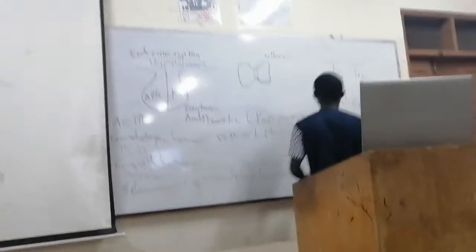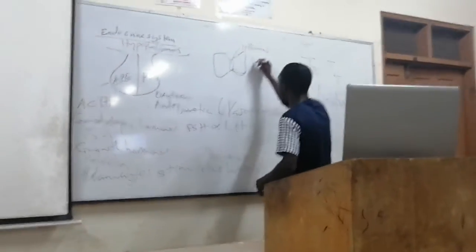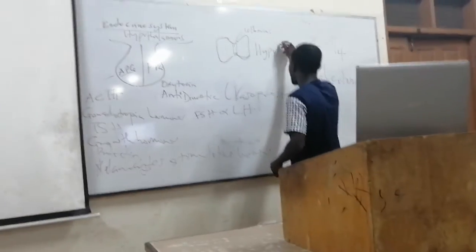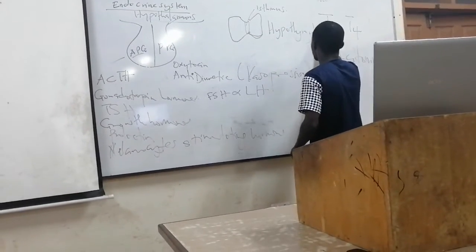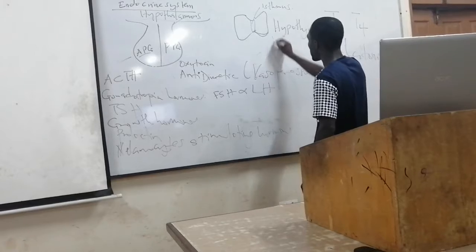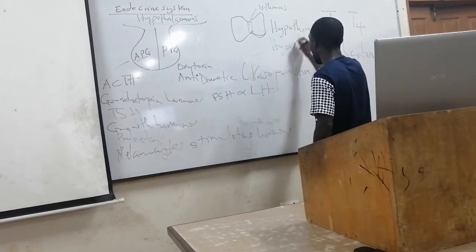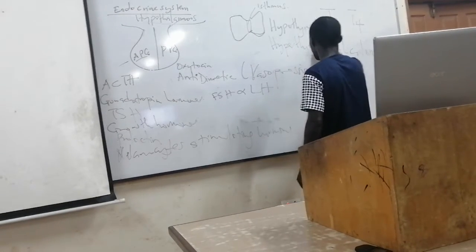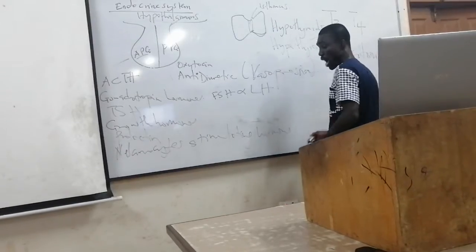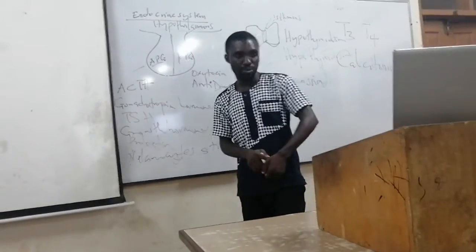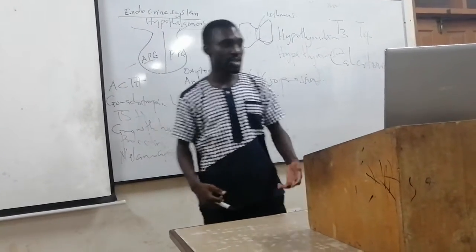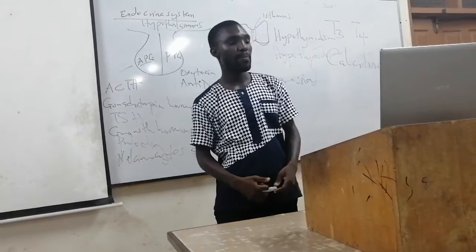Underproduction of the thyroid hormones is termed hypothyroidism, whilst overproduction is known as hyperthyroidism. Right? So underproduction is hypothyroidism, whilst overproduction is hyperthyroidism.